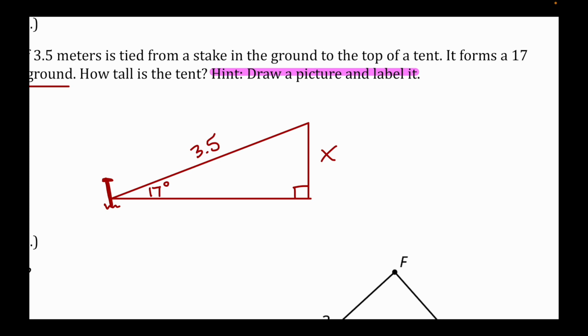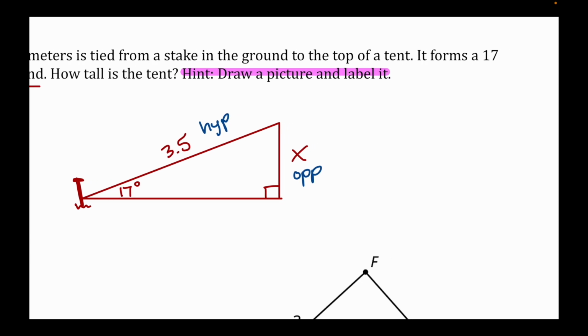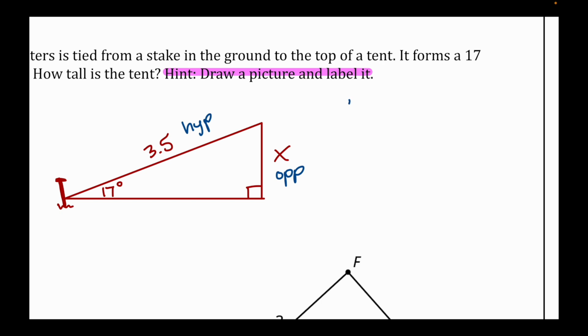Based on what I have, x is my opposite from 17, and this one here is the hypotenuse. Opposite and hypotenuse would be sine, or the SOH part from SOHCAHTOA. So sine of 17 degrees should give me opposite over hypotenuse, so x over 3.5. In order to solve this, I would multiply both sides by 3.5.